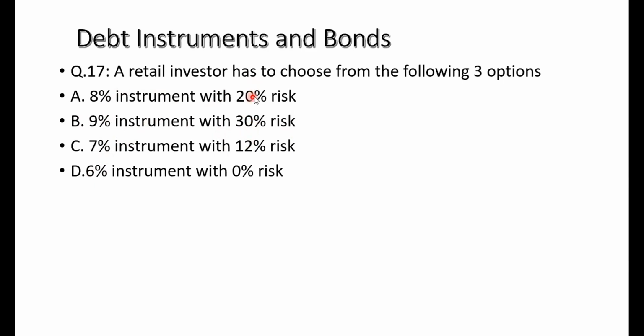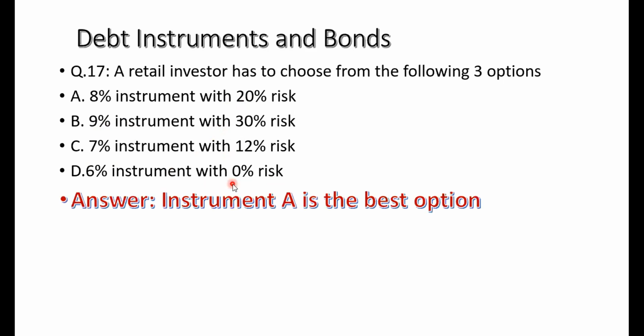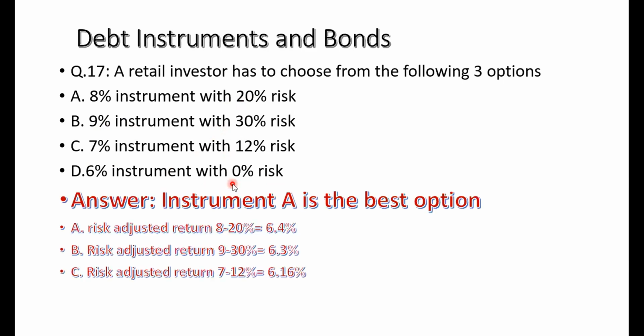What is risk? The probability of losing the income. If you invest 100 rupees, you will get 8 rupees. But 8 rupees is not guaranteed because 20% you minus. 8 minus 20%, here 9 minus 30%, 7 minus 12%, and 6 minus 0 because government security has no risk. So first one, 8 minus 20%: 20% of 8 is 1.6, so 6.4.